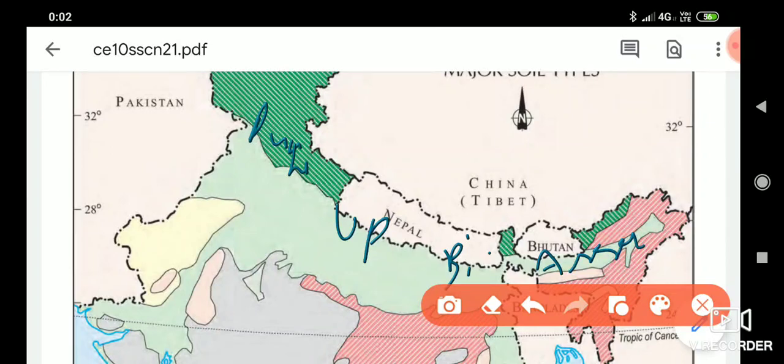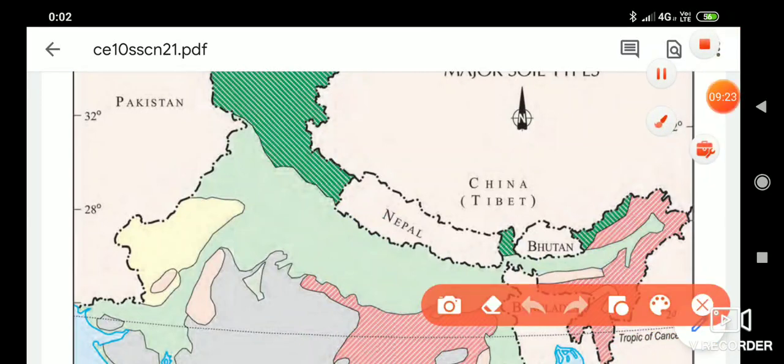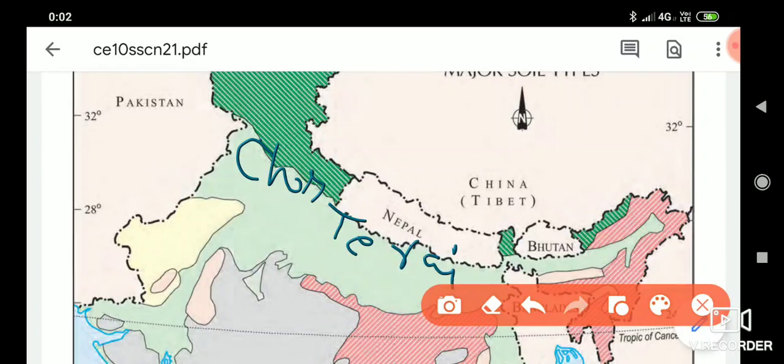So the foothills of the Himalayas which we get here, this place is called Coos, and this place is called Terai, and the foothills of the Himalayas, known as over here northeastern area, are Dwars.